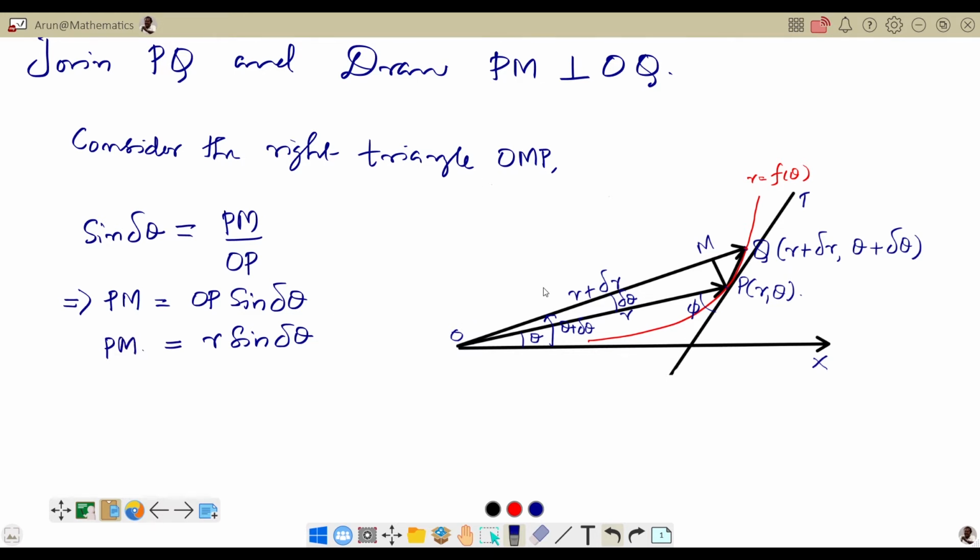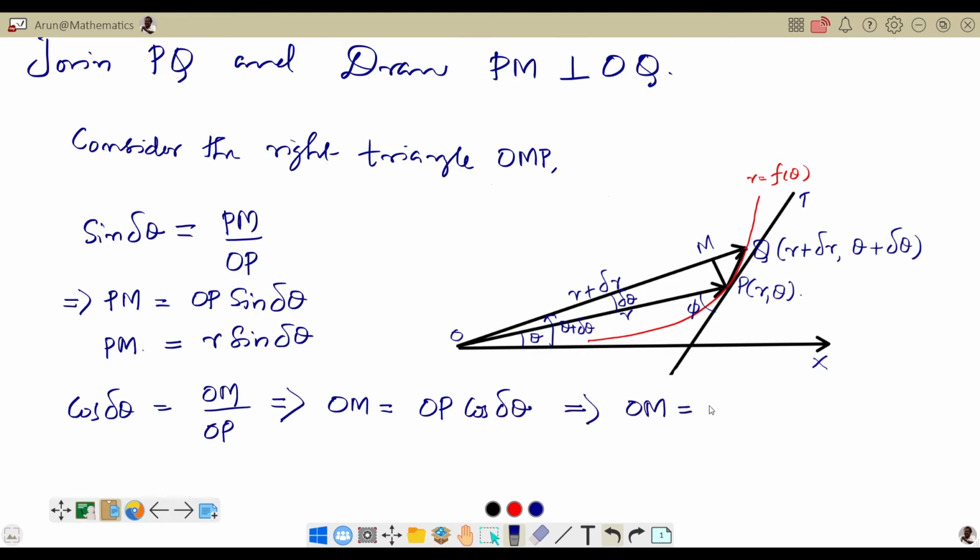And cos delta theta equal to OM by OP. So this implies OM equal to OP cos delta theta, again OP is r, so OM equals r cos delta theta.